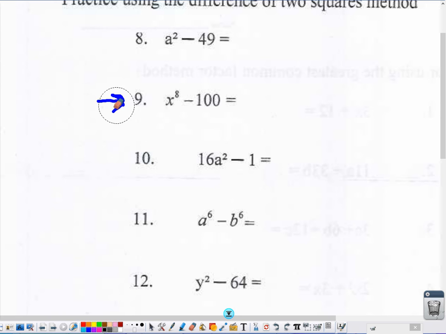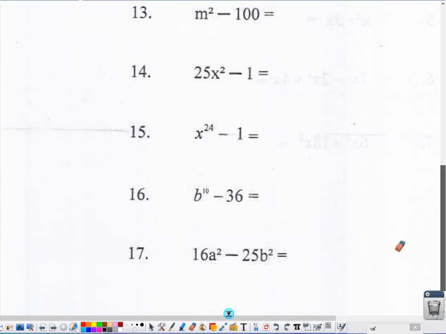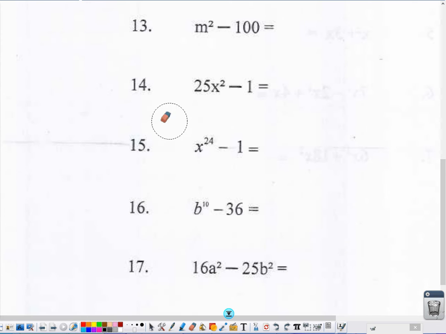Scratch that. So that factors once, and it looks like all of the rest of them except for number 15 are going to factor once. So with number 15, you're going to end up factoring maybe 2 or 3 different times.